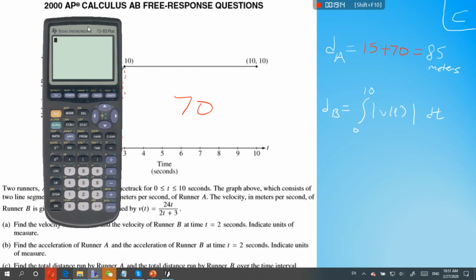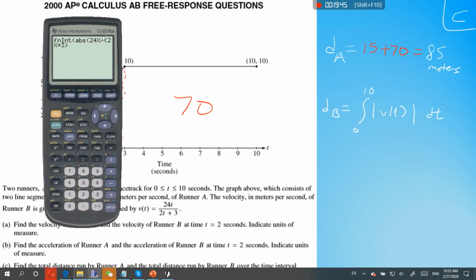Okay, so if I wanted to integrate this in the calculator, I am integrating, so that's math 9. The absolute value, math number, so scroll over to the right there, and then ABS is absolute value. Okay, the absolute value of our function of v(t), so that's 24t divided by, we put this in parentheses for the bottom part, 2t plus 3.